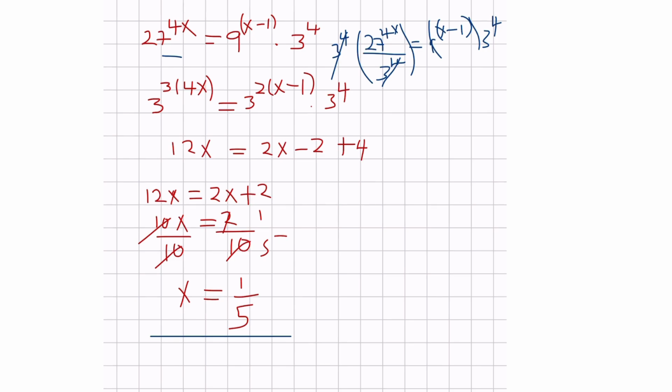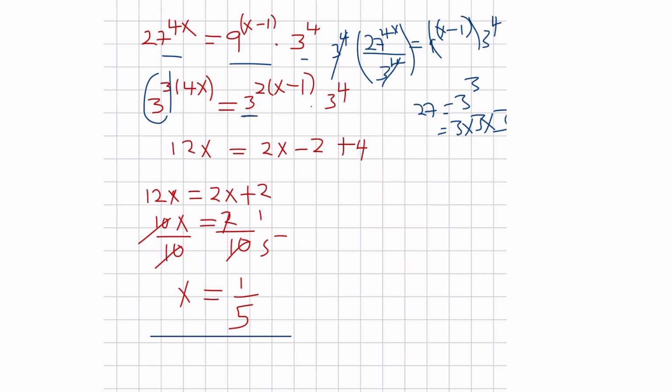Converting it now to have a similar base so that we can solve it, we are going to get 27 is equivalent to 3 to the power of 3, which is 3 multiplied by 3 multiplied by 3. That's what we have here, being raised to the power of 4x, equal to 9, which is 3 to the power of 2, multiplied by 3 to the power of 4.